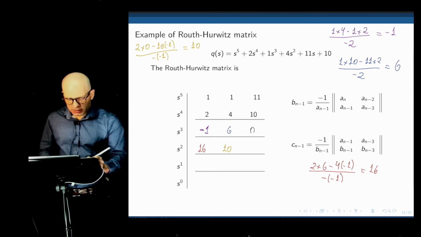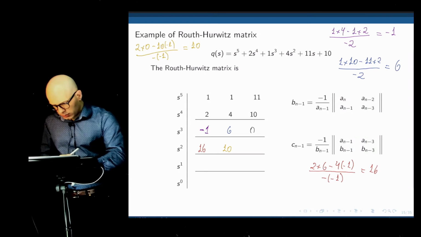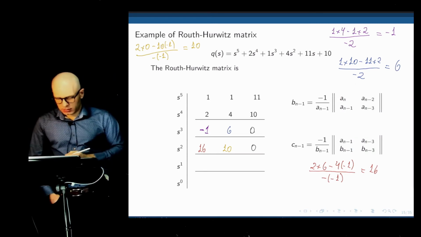The next one is 0. Now when we expand, we'll get 0 again.